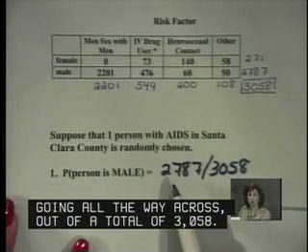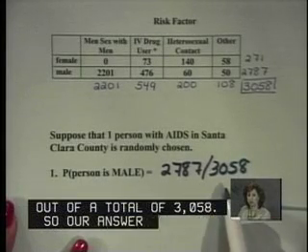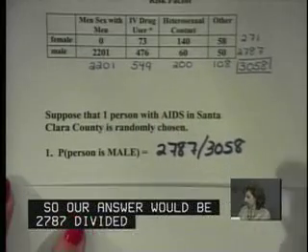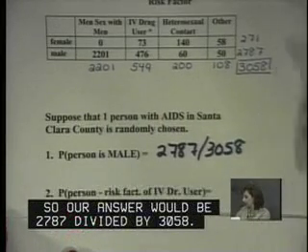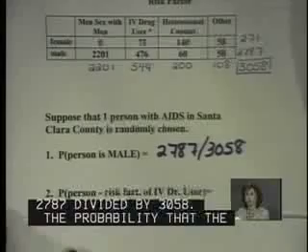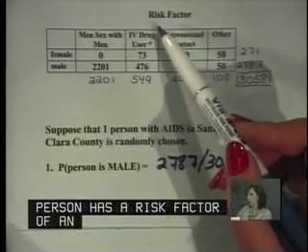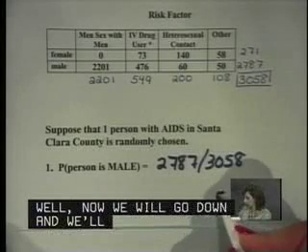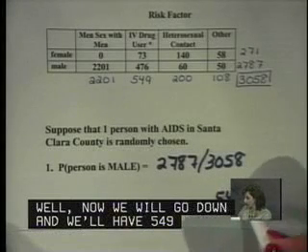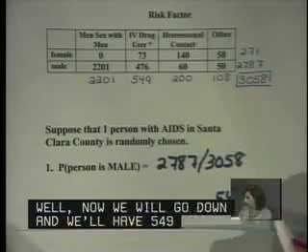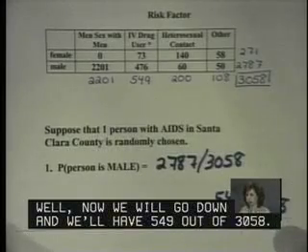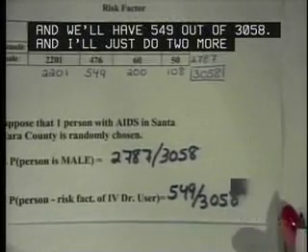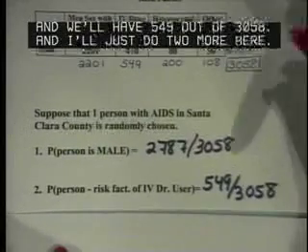So our answer would be 2,787 divided by 3,058. The probability that the person has a risk factor of IV drug user: now we go down and have 549 out of 3,058.